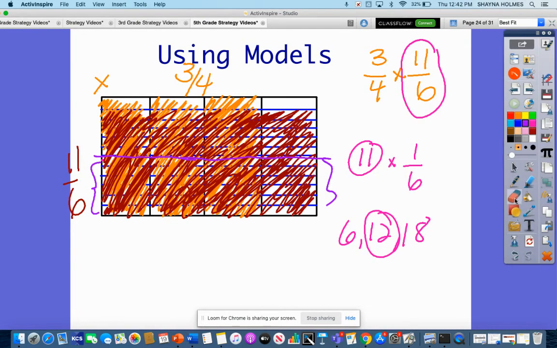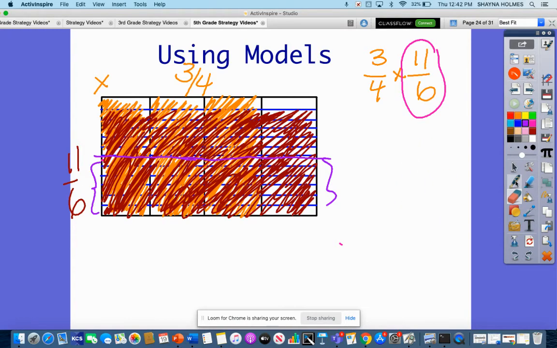So let me erase these over here. This is one whole. And then this is another whole, but not all of it is shaded in. We still have this one little section right here that is not shaded. So we have one whole that's shaded here, and then we have parts shaded up here.